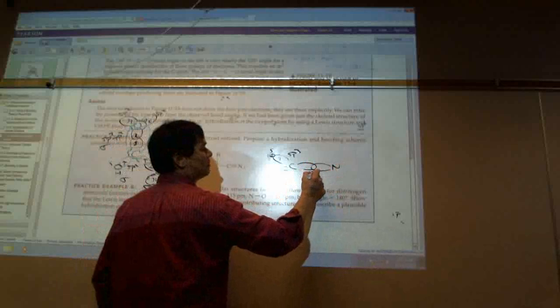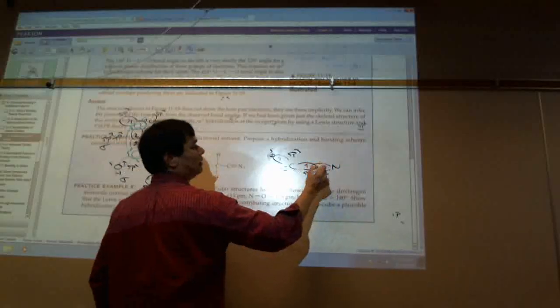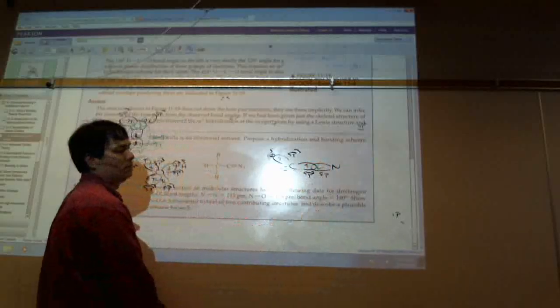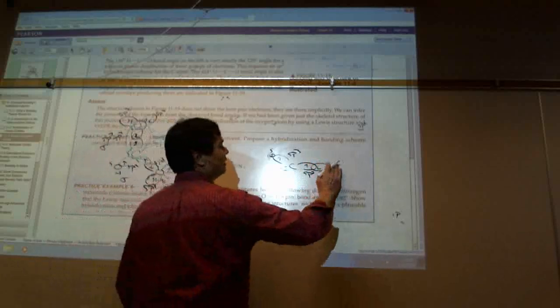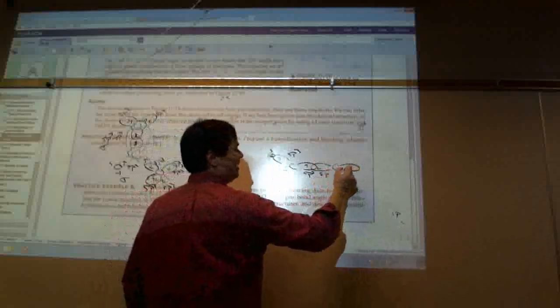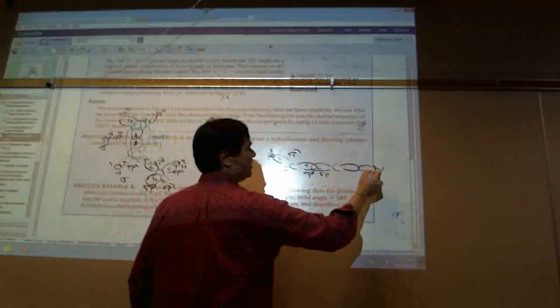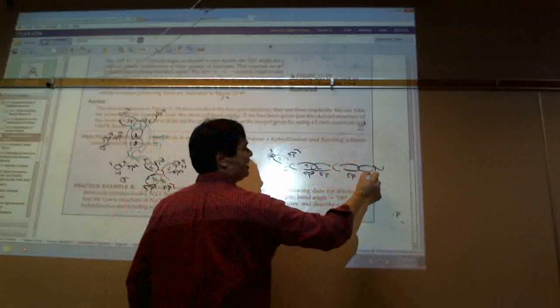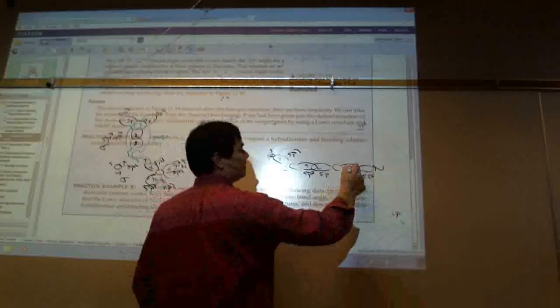So we're going sp3 to sp, sigma. And then this carbon is going sp to nitrogen's sp, so this is sp, sp, sigma.